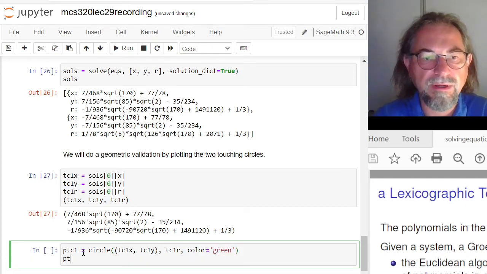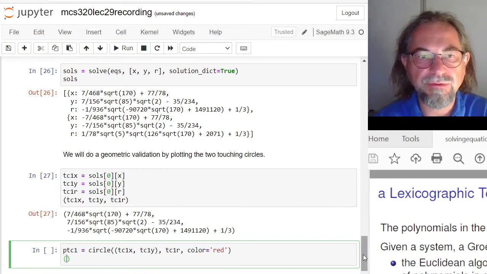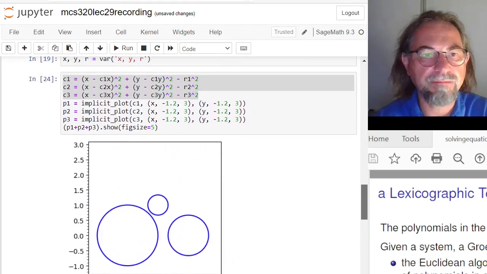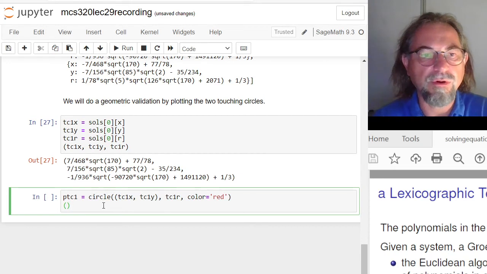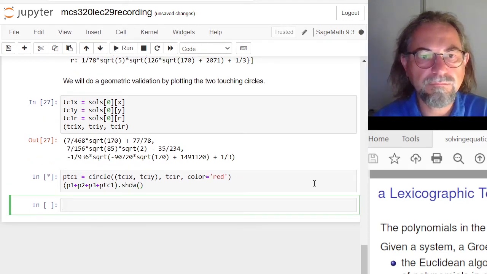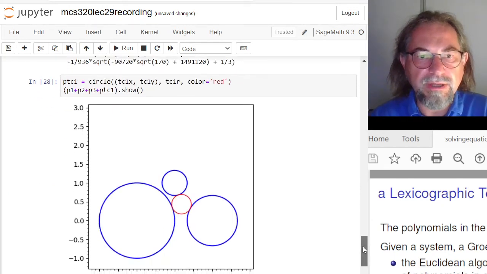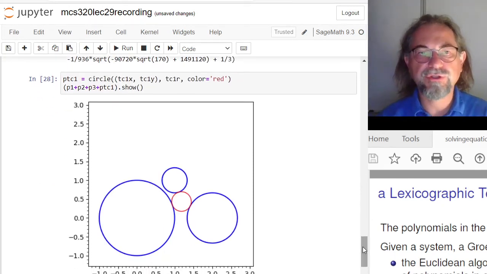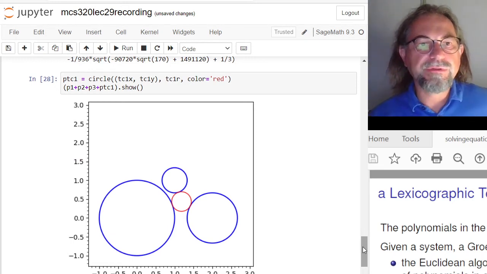I want the touching circle in red. So I have the three circles, coming from here, P1, P2, P3. I had already forgotten the names. Luckily I did not reassign P1, P2 or P3. So here you see the first touching circle, which is the small circle.